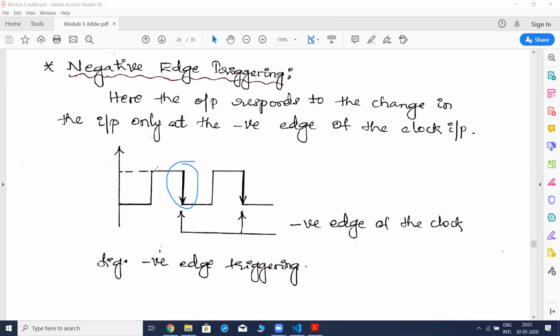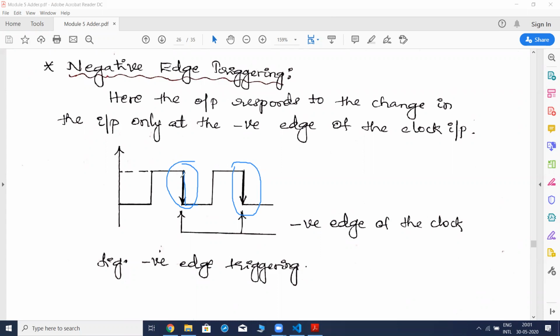That means when the clock goes from high level to low level, this is called the negative edge of the clock. If our circuit responds to the input only during these times, then it is called negative edge triggering.